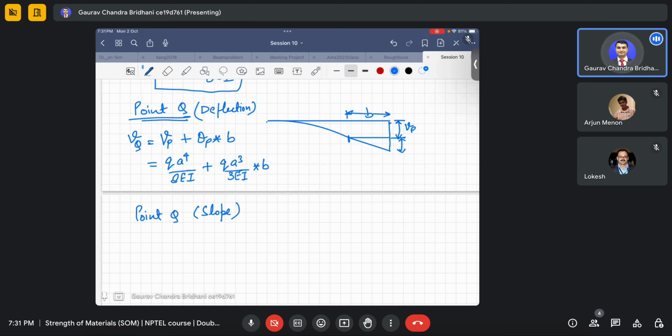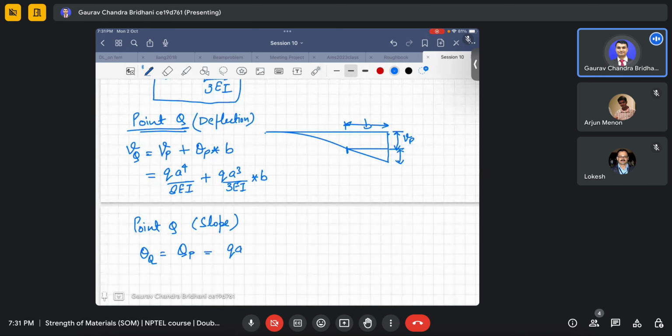So slope at Q, theta Q, will be same as theta P, that is Q a cube upon 3 EI. It will be same because it's a straight line. It's not undergoing any bending.